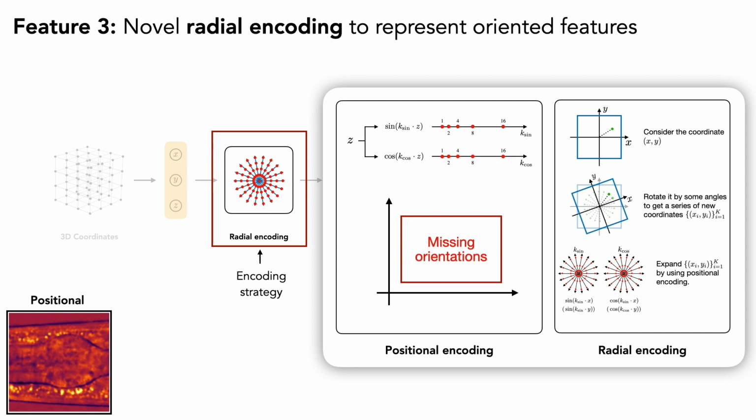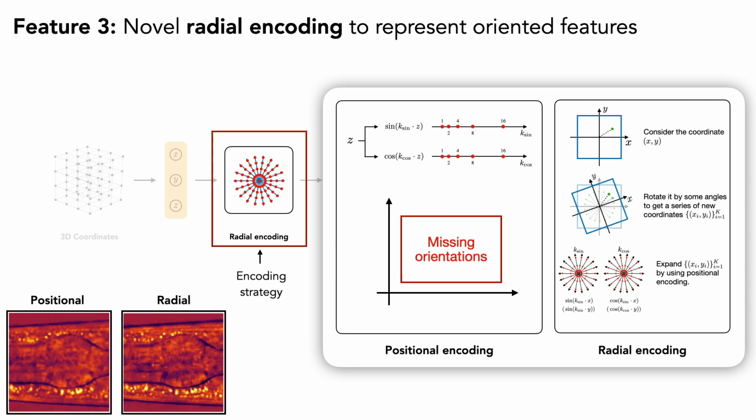We propose radial encoding to address this. The idea of radial encoding is very straightforward. Consider the coordinate xy. Rotate the base axis to get new coordinates. Then, expand the new coordinates similar to positional encoding. Experimental results show radial encoding recovers more detailed reconstructions.